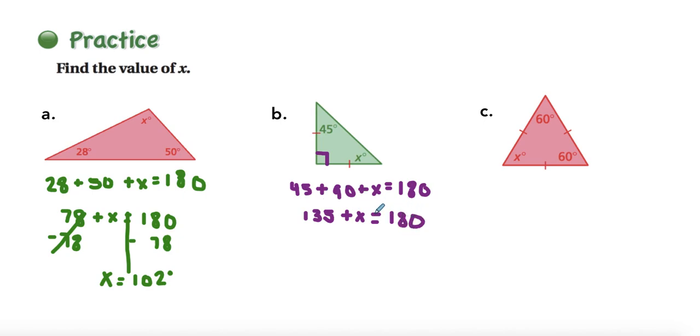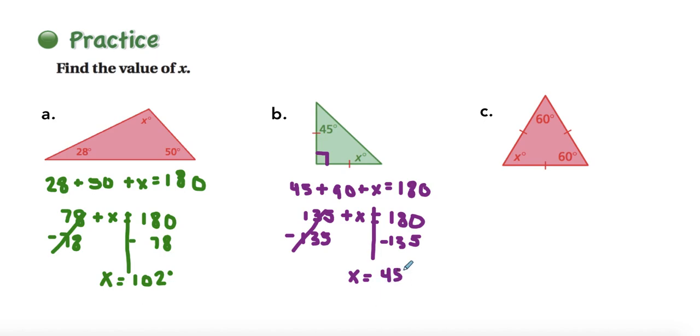I can use inverse operations to subtract 135 on both sides of my equal sign. 135 minus 135 cancels out to be 0, and I can bring down my x. 180 minus 135 equals 45 degrees.